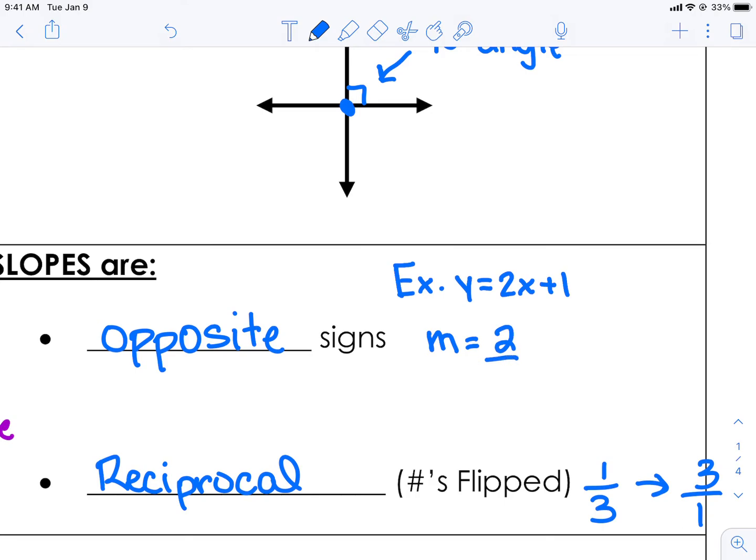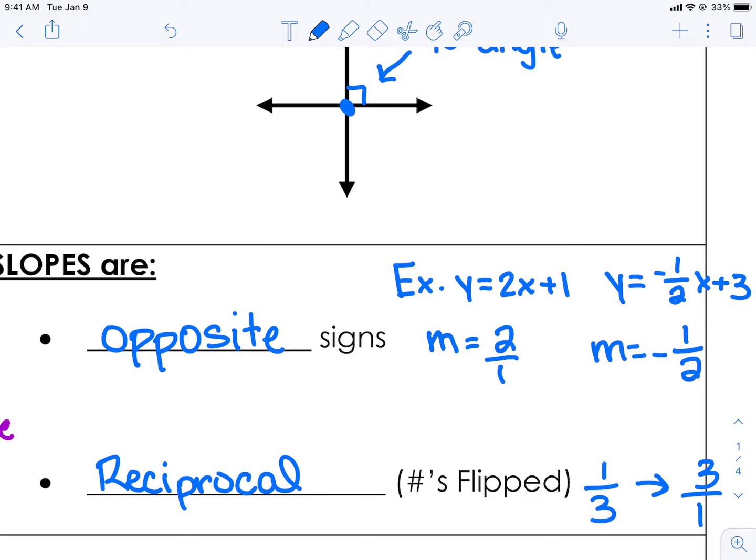Currently the slope is 2 over 1, and I would need to flip it. Okay, I would need to flip it so it becomes 1/2. That's the reciprocal part. And make it the opposite sign. So it was positive, I make it negative. And that would be the slope of something that is perpendicular. So an equation that would be perpendicular would be y equals -1/2 x plus 3.